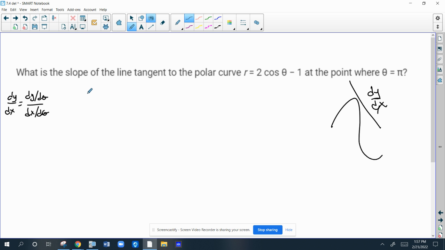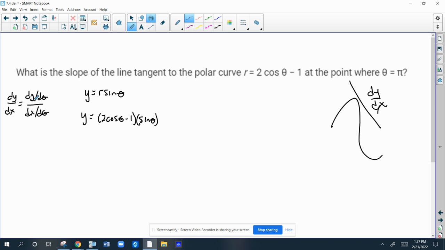For a polar graph, y is always equal to r sine theta. In this instance, r is 2 cosine theta minus 1, so y is 2 cosine theta minus 1 times sine theta.